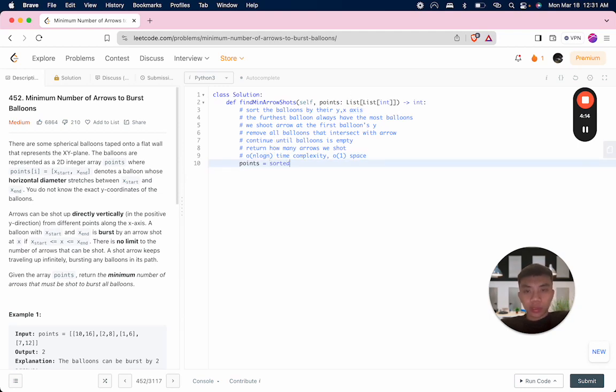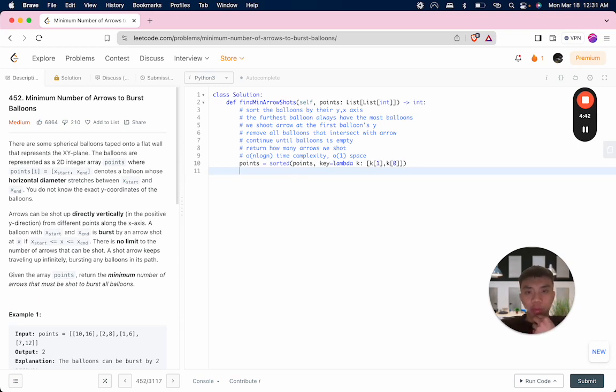So points equals sorted points, key lambda k1 and k0. And we have to put this in brackets. So we sort the balloons, and then the furthest balloon always has the most balloons.